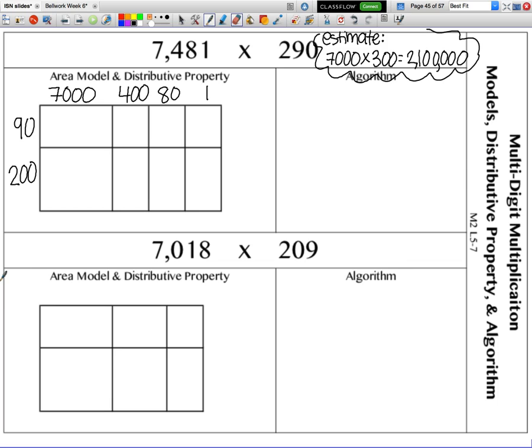Okay, standard algorithm, here we go. So we've got 7,481 times 290. Okay, here's where I wanted to show you guys this one, because a lot of you will just put a whole row of zeros right here, and that's fine. You are absolutely, totally okay to put a whole row of zeros there.